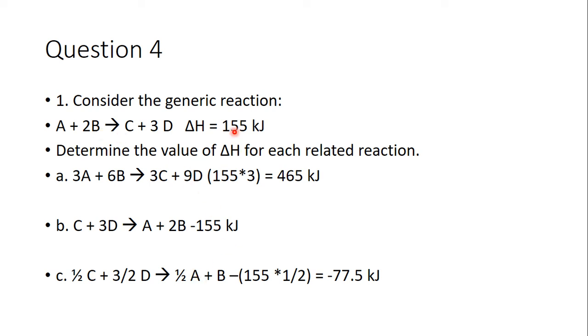First you have to make your 155 negative because you flipped the products and reactants from your target, and you have reduced everything by 1/2. So you see C was a 1 here, now it's 1/2. D was a 3, so it's a 3/2. So you have to take your energy value and also multiply that by 1/2 as well. So that is negative 77.5 kilojoules.